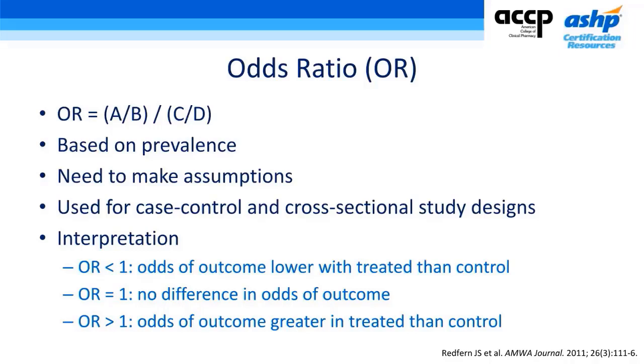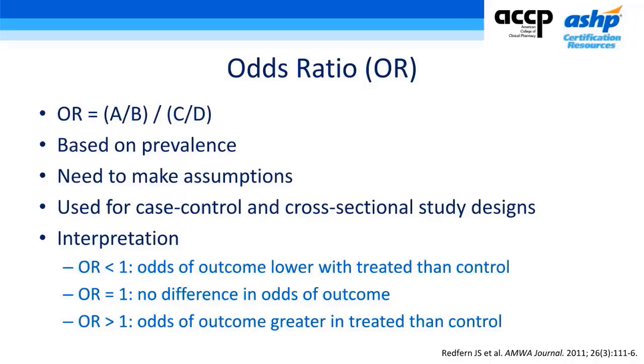So thinking back to that table, A is the outcome of interest that occurred in the experimental or the intervention group. B is the outcome of interest in the experimental group, but it did not occur. And then that is all over C, which is the outcome of interest occurred in the control group, over those people in the control group where the outcome did not occur.